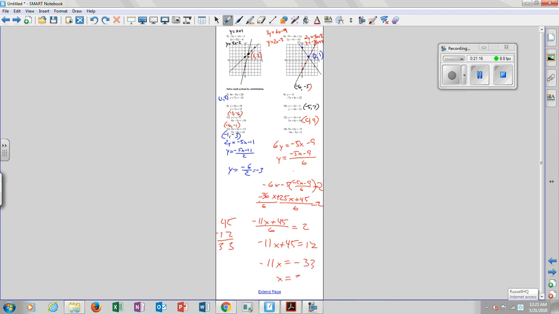So x equals 3. Take that x equals 3 and plug it in up here. Negative 5 times 3, negative 15 minus 9 gives me negative 24. Divided by 6 is negative 4. Should be 3, negative 4.